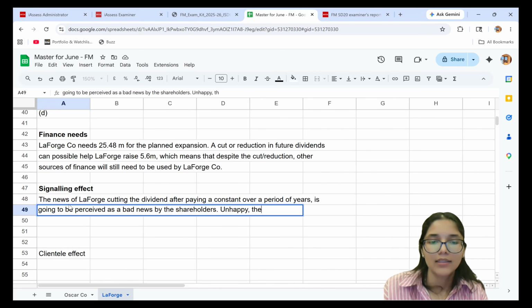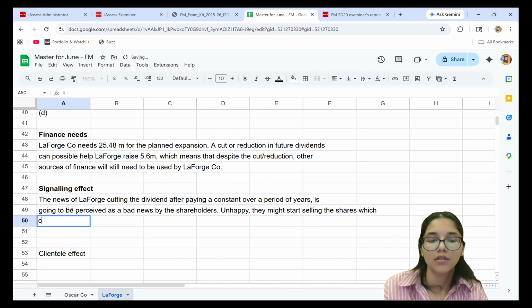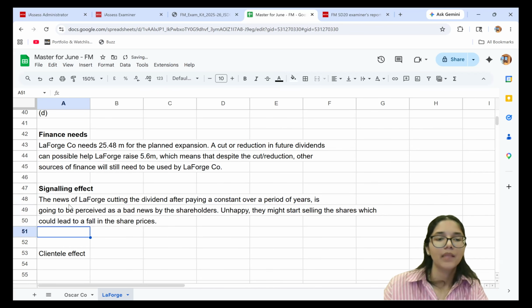Unhappy, they might start selling the shares, which could lead to a fall in the share prices.